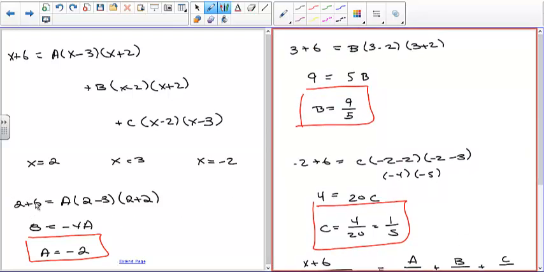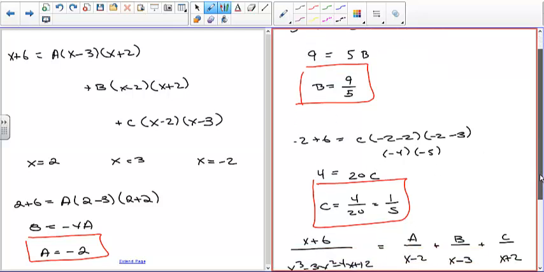Okay, let's go back and check these out here again. So -1 times 4 is -4. So that looks right. Then we do the next one, which is x equal to 3. So that goes to 0, that goes to 0. You got 3 plus 6 is equal to b times 3 minus 2 times 3 plus 2. So that's 1 times 5, so that's right. 9/5, okay, that looks right.